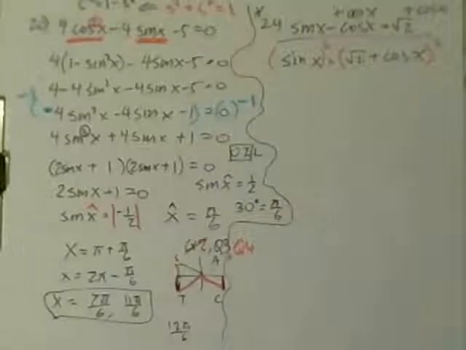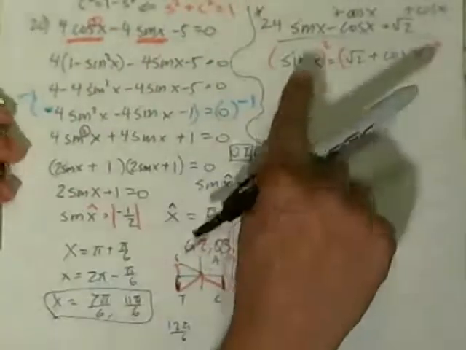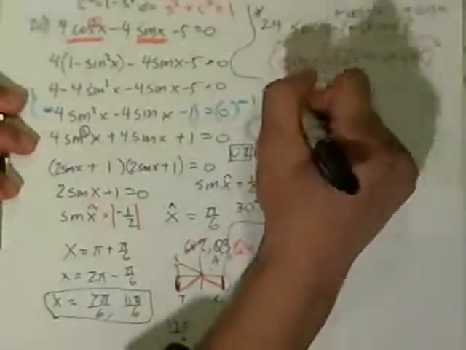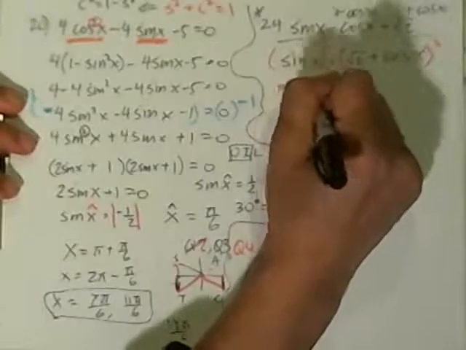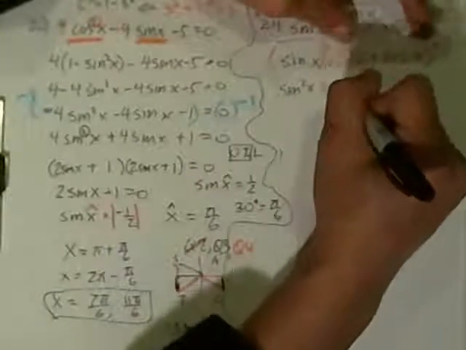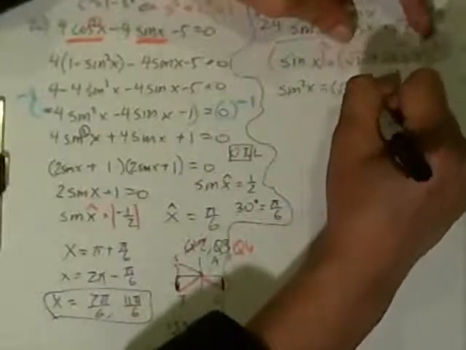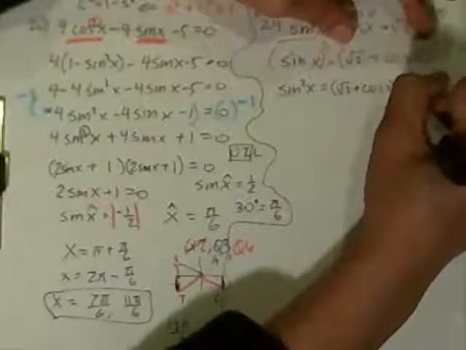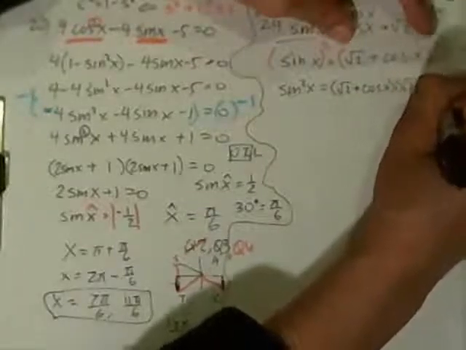I guarantee you it's going to be a little bit more difficult, so you might as well use this method. Square the left side, I get sine squared of x. I have to FOIL this. You cannot just square the 2 and the cosine of x. It's going to equal radical 2 plus cosine of x times radical 2 plus cosine of x.